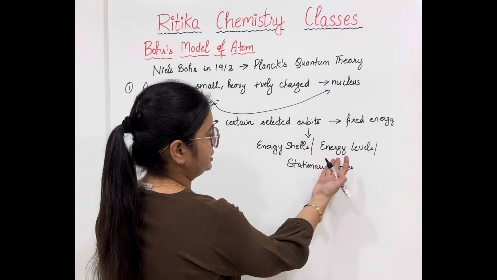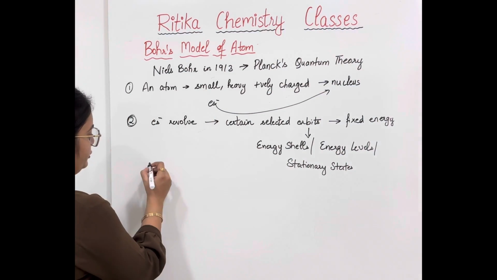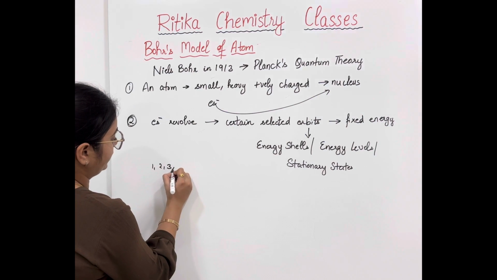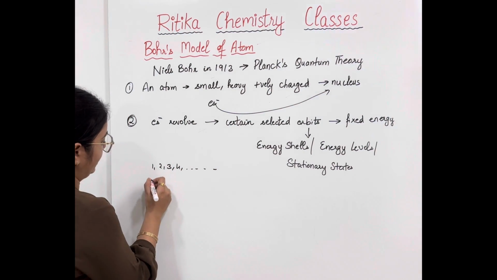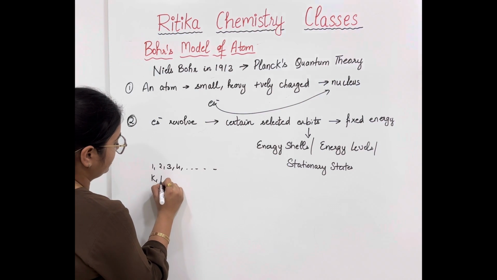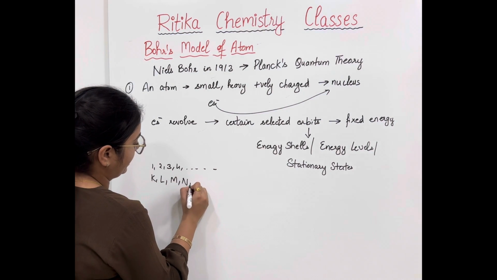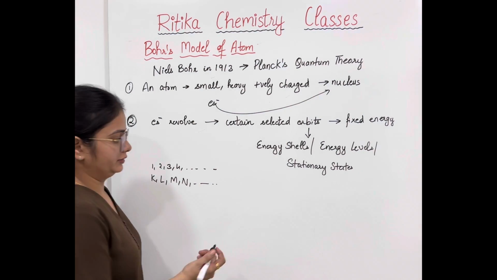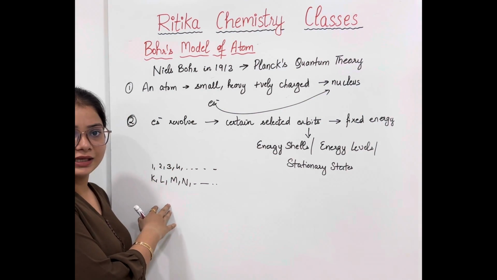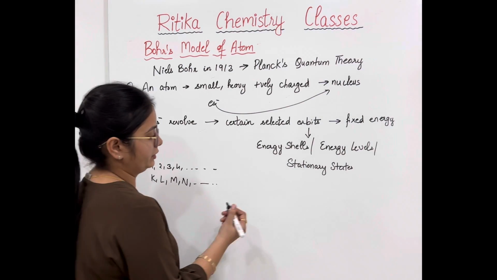These energy levels are numbered as 1, 2, 3, 4 and so on, or designated as K, L, M, N and so on, starting from the energy level closest to the nucleus.